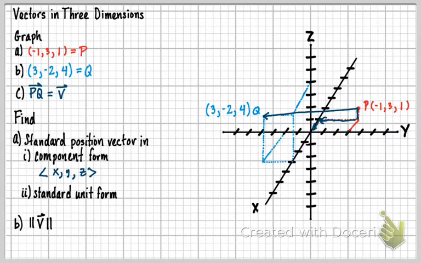So in essence, what I'm doing is I'm going to be subtracting the initial point from the terminal point. Because remember, I want to get this initial point at the origin, and that's how I'll do that.